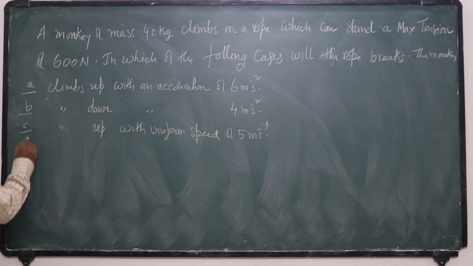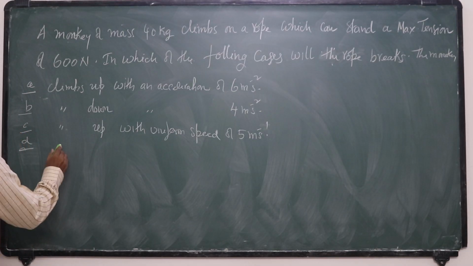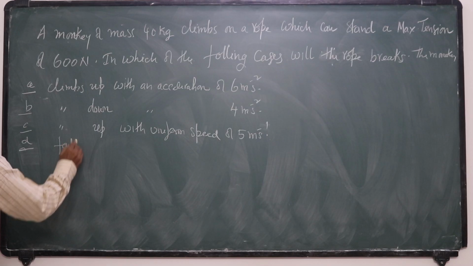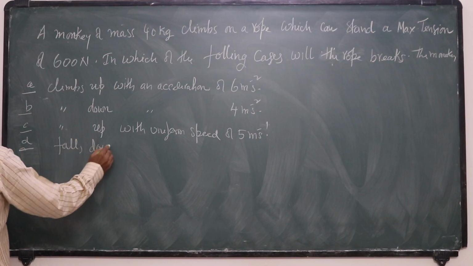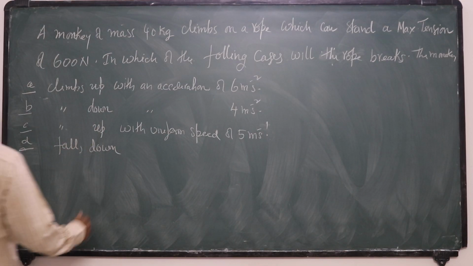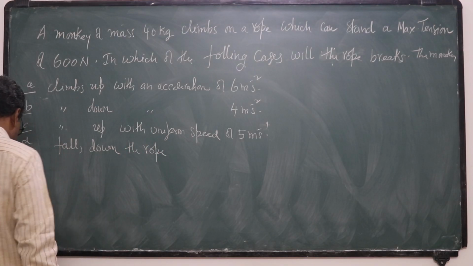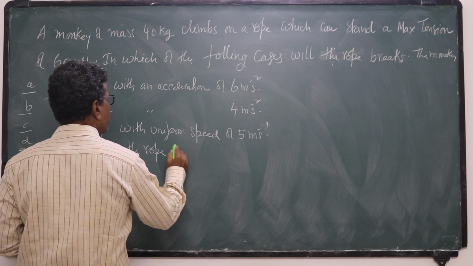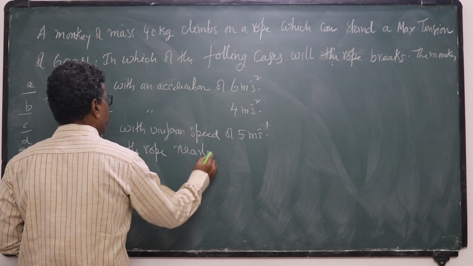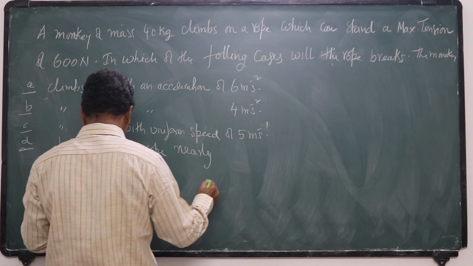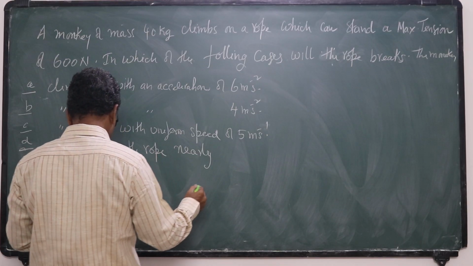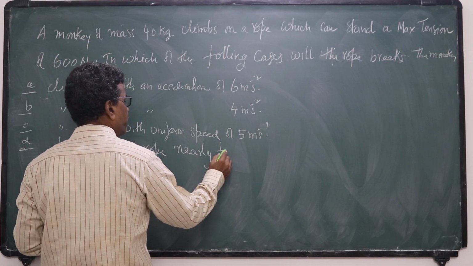D: falls down the rope nearly freely under gravity.